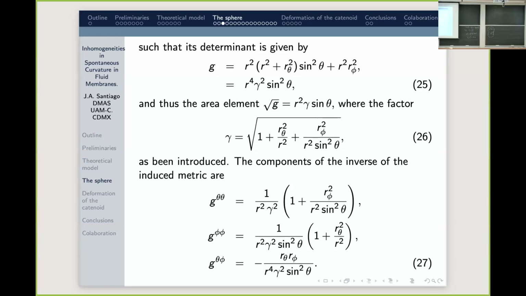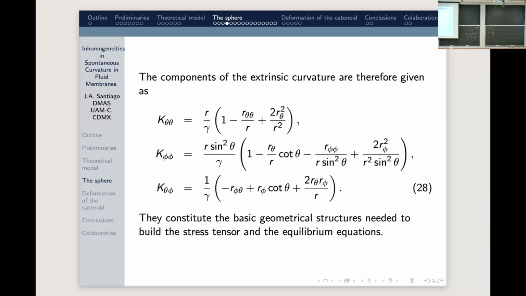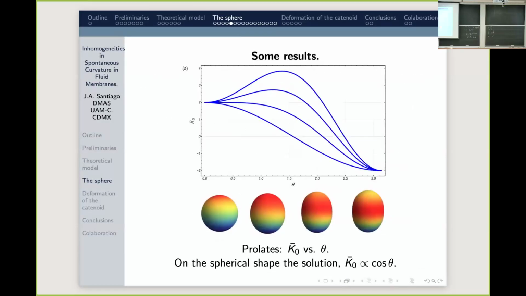We can obtain the inverse elements of the induced metric and the second fundamental form. Then we write all of this structure along the zeta directions in order to obtain the differential equations, the equilibrium equations.